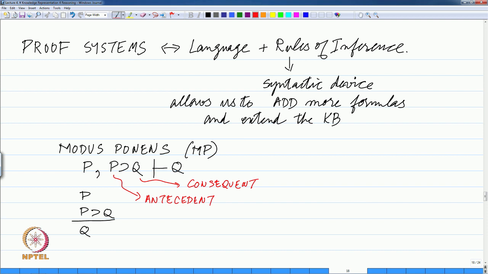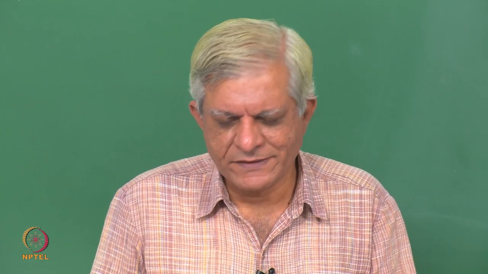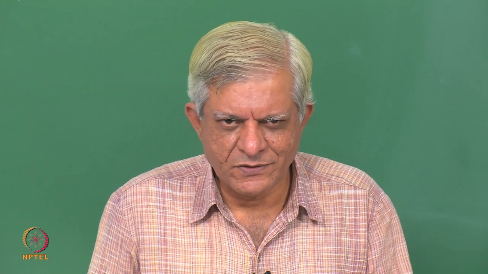And modus ponens is the most commonly used rule of inference. In fact, if you look at any textbook on logic, you will see that it was known to the Stoics. These were people who were in the early Greek times. It is a school of philosophers called Stoics, and they had used modus ponens as a rule of inference maybe 2000 years ago or something like that.